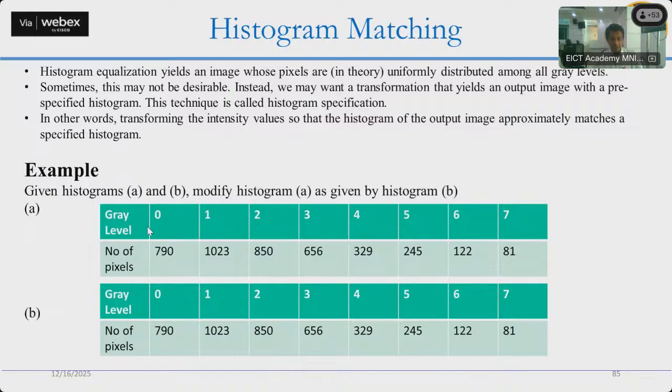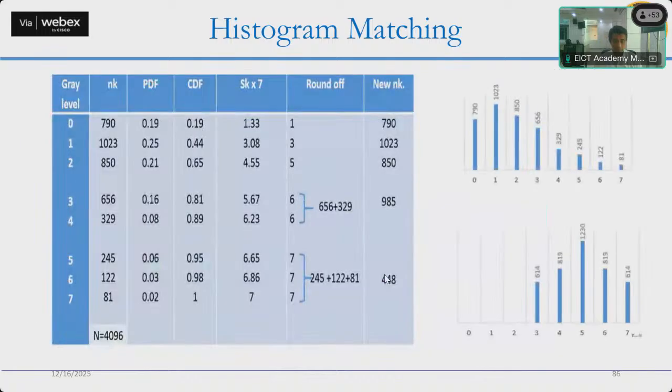Let's take up the example. Gray levels are there, again basically 3 bits, so 0, 1, 2, 3, up to 7. It is 8 levels there, and the transform part has all been shown here. Regarding histogram matching, what you are doing here is again calculating the PDF, then the CDF.